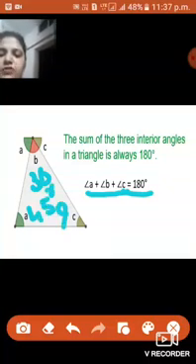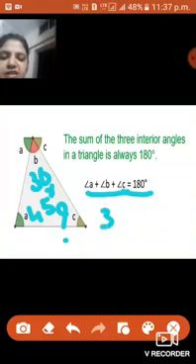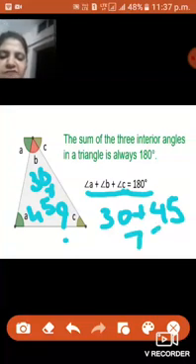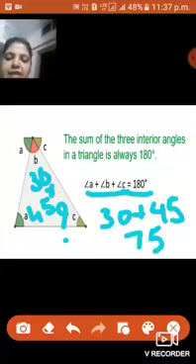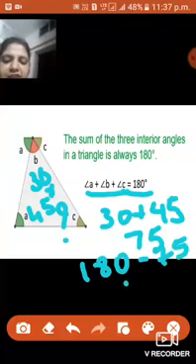We will find out angle C. So let's add up A and B, that is 30 degree plus 45 degree. We get the answer as 75 degree. And now for finding out angle C, it is 180 minus 75, that is 105.